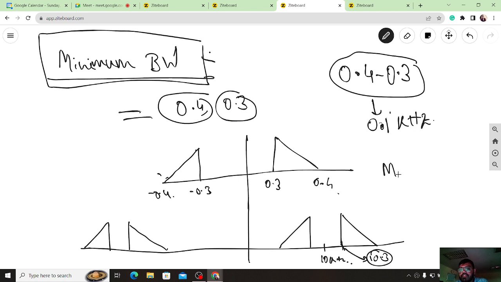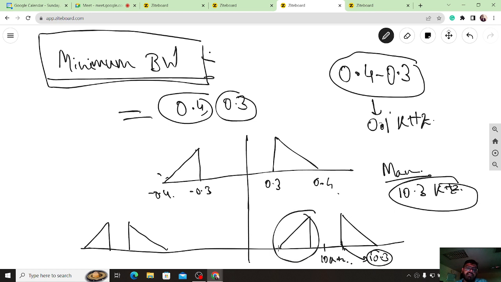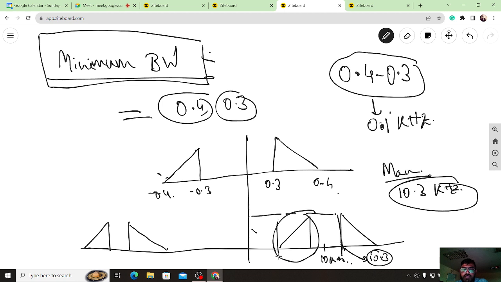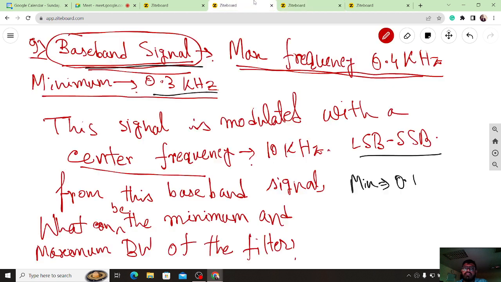So the maximum bandwidth that can be is 10.3 kilohertz, so that it only captures this part. If it becomes greater than 10.3, it will start to capture the upper sideband part also. So the minimum is 0.1 and the maximum is 10.3 kilohertz.